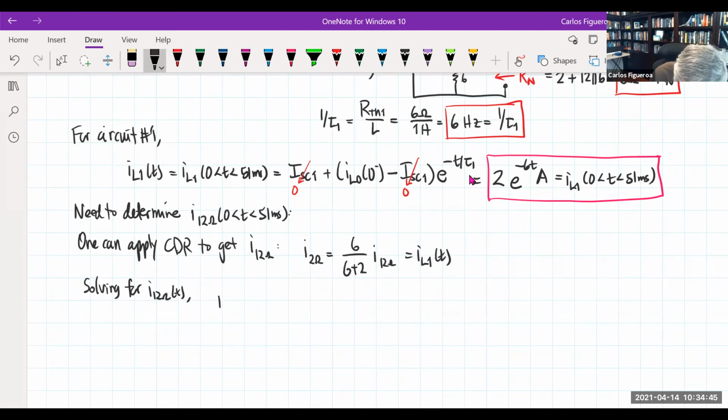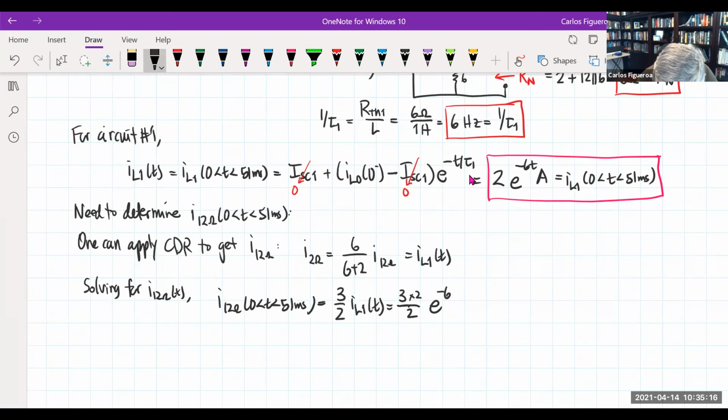So solving for I12 of T, I'm seeing here that I12 of this guy should then be 8 over 6. So it should give me 3 over 2 times IL, oops, let me be careful, IL1 of t. And so therefore I'm going to get 3, and look at my 2 here, times 2, and this is going to give me e to the minus 6t.